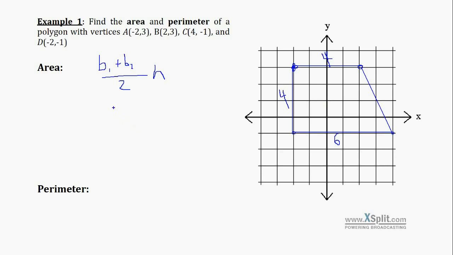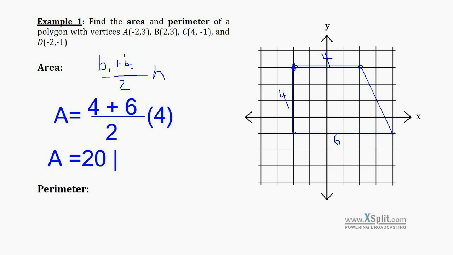Alright, so we can go ahead and plug into our equation then. 4 plus 6 all over 2 for our bases, multiplied by our height of 4. Area is all equal to that. 4 plus 6 I know is a 10. 10 divided by 2 is a 5. 5 times 4 is a 20. So we would say that the area of this figure is about 20 units squared.